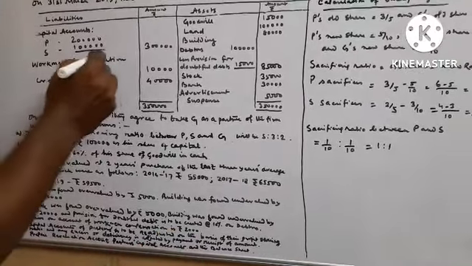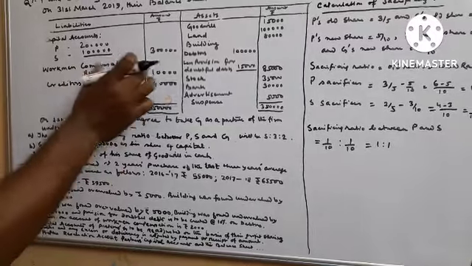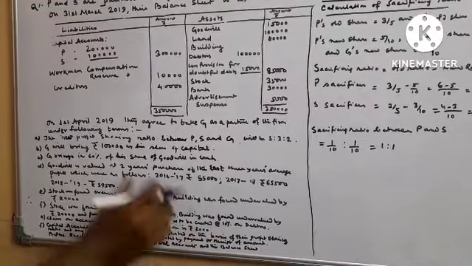Now workman compensation reserve, how much given in question? Already reserve created 10,000, but a claim arises, how much claim arises? 2,000.